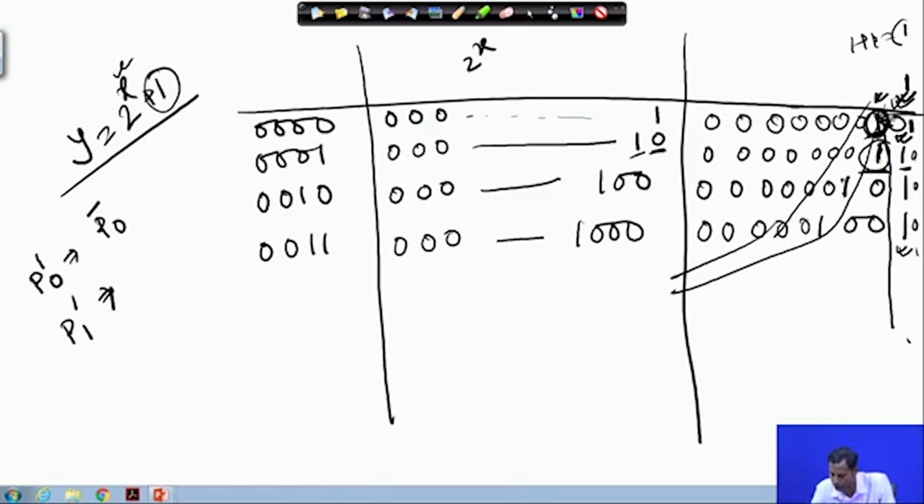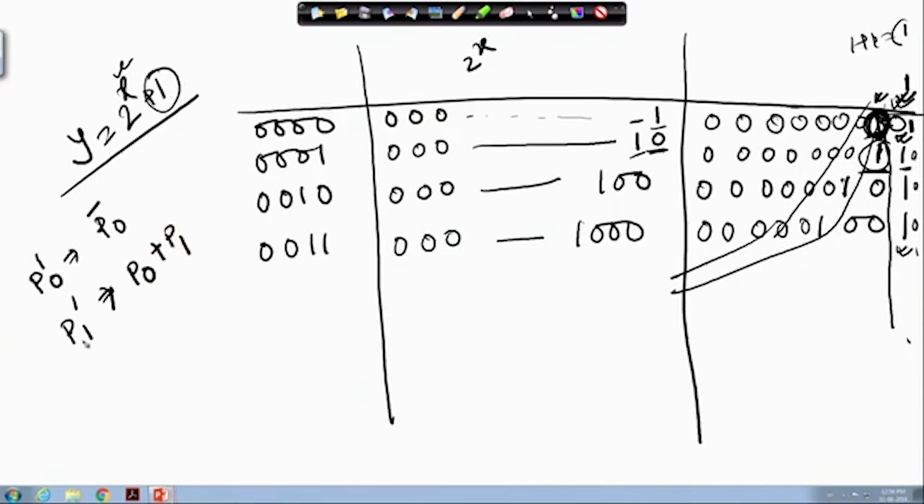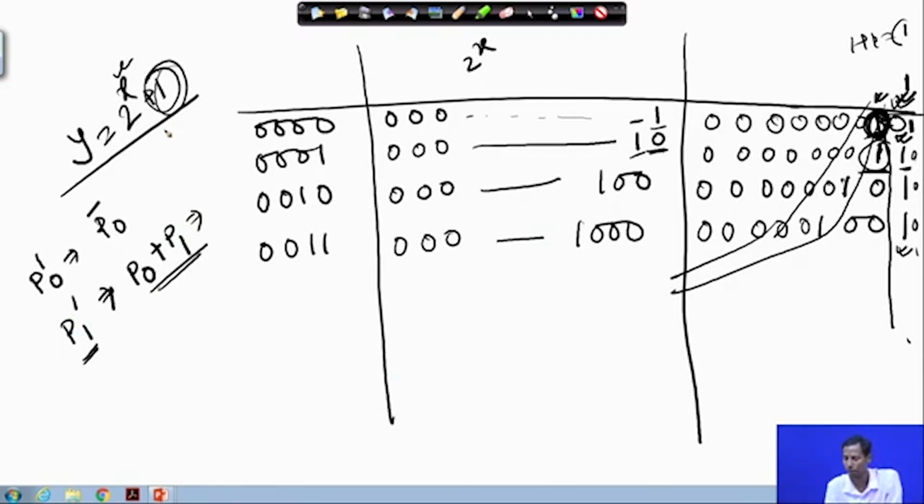Only for this particular bit position I need to change. That means, for this P0, this will be changed. So, how will this be changed? If I do P0 plus P1, that equals the modified P1, then that will be the case. How?